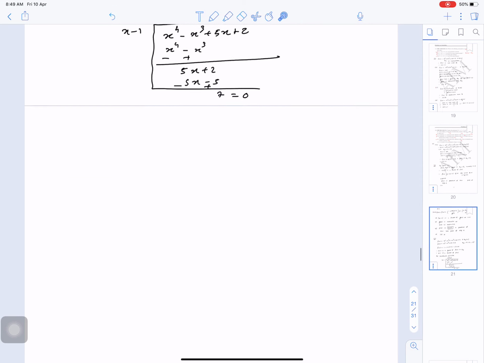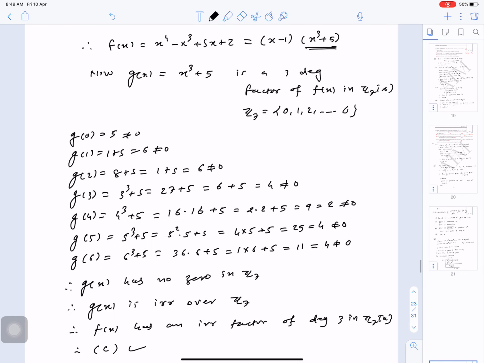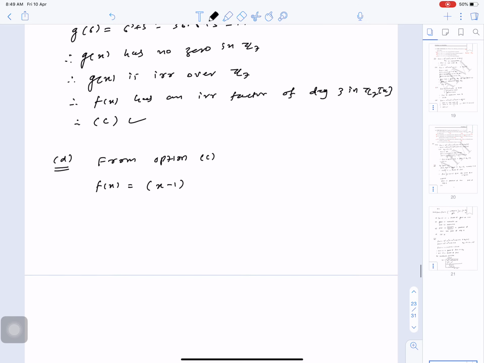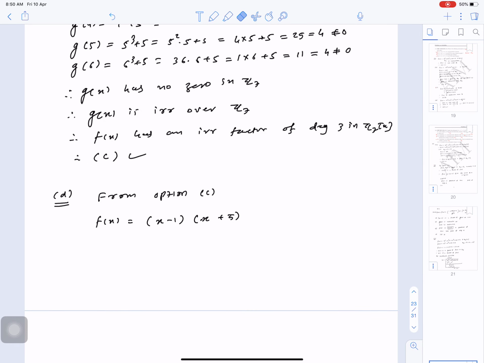Let me start with option C. From option C, fx is equal to x minus 1 into x cube plus 5, it belongs to Z7x.